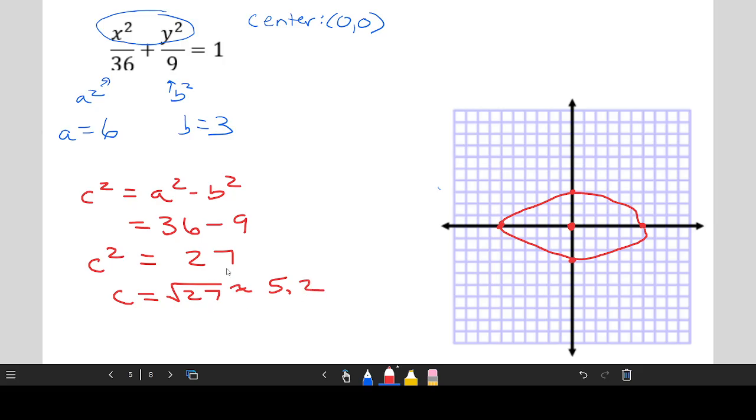Square root of 27 is about 5.2, which helps us graph where these foci are. We're going 5.2 units from the center along the major axis, the longer axis. So going out 5.2 units, it's going to put one of them about there and one of them about there. So they're pretty close to the vertices.